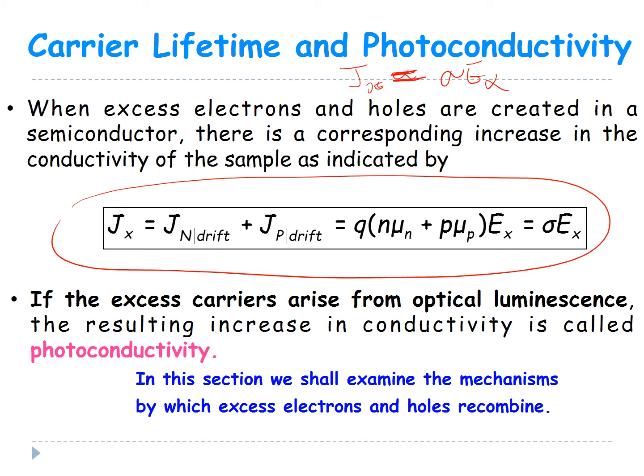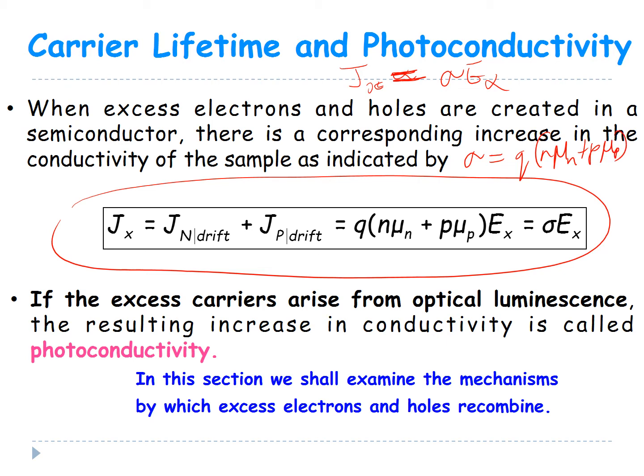So the total current density is proportional to the electric field, and the constant of proportionality is the conductivity. Now this conductivity is equal to q(n mu n plus p mu p).